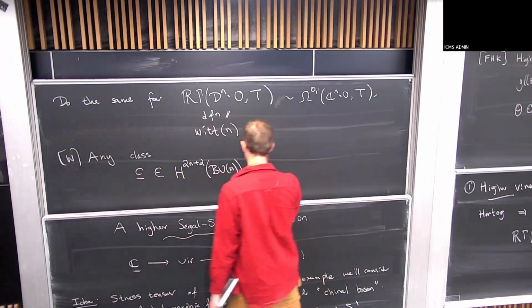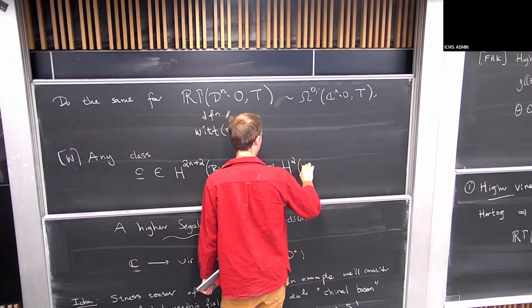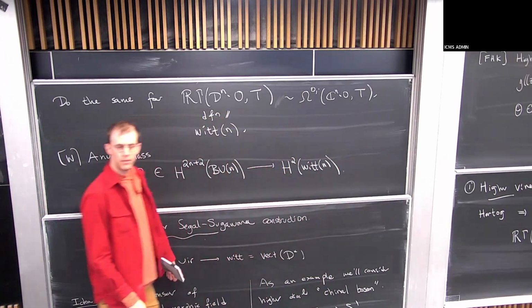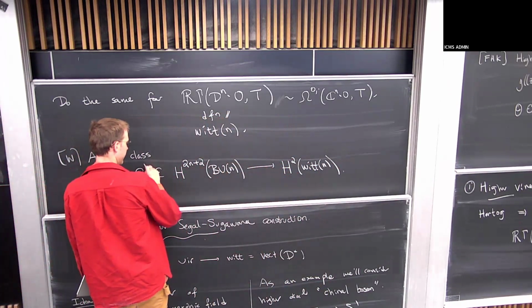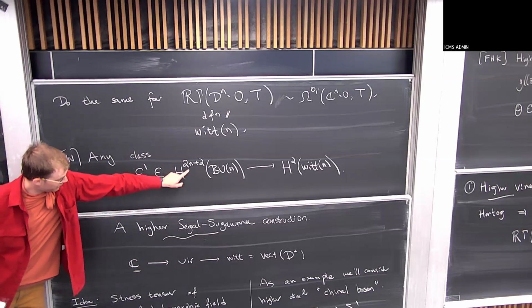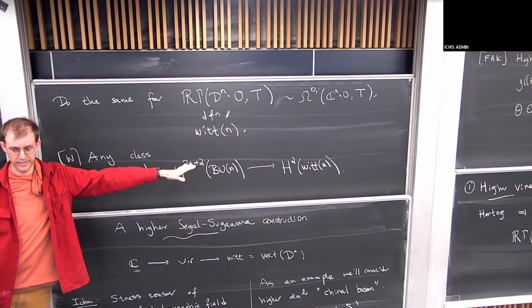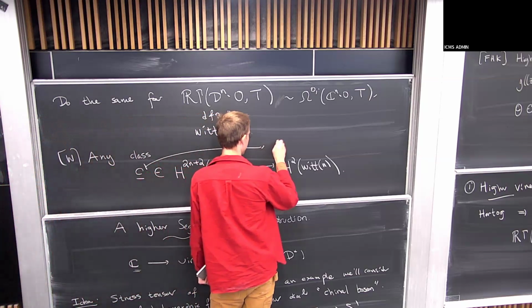So in other words, there's a map from here to H2. I'm just saying that any universal characteristic class in n dimensions of degree 2n plus 2 defines a central extension of this Witt algebra, this derived Witt algebra.